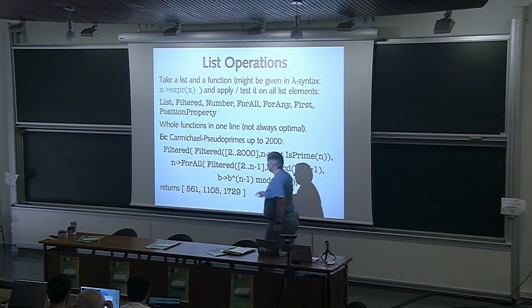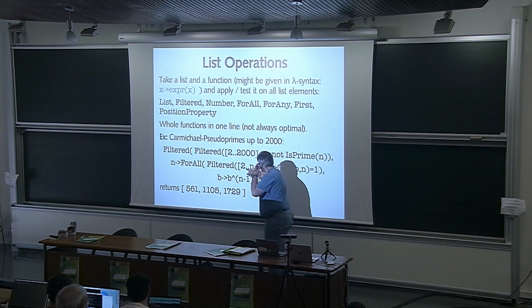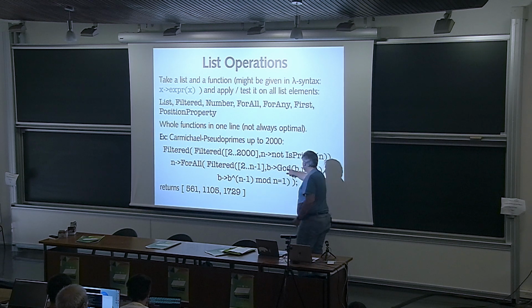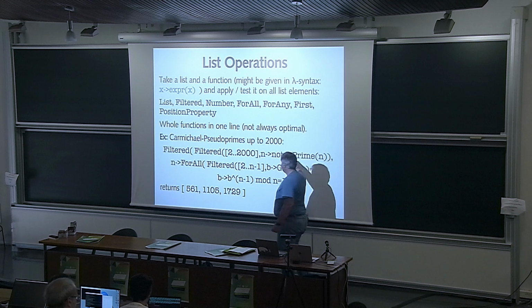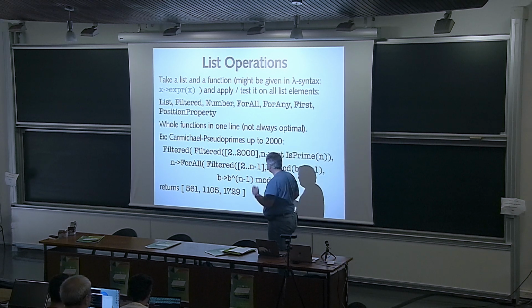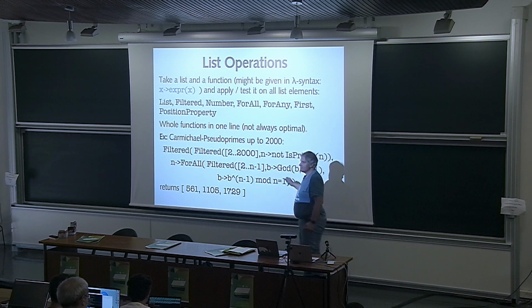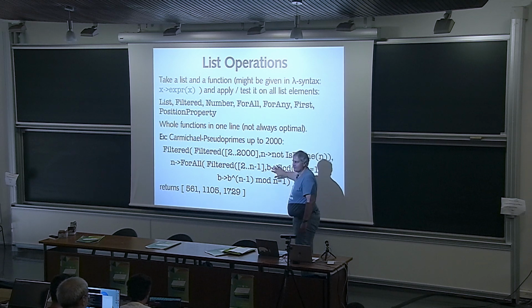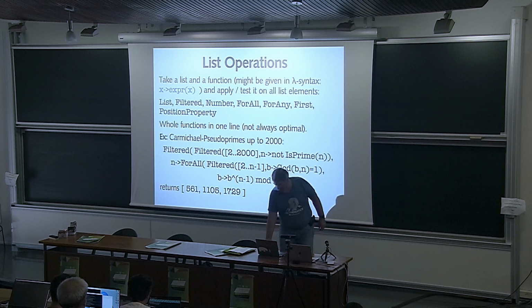And now I want, for each of these numbers n, that for all numbers b from 2 up to n minus 1 which have GCD 1 with this number, b to the n minus 1 modulo n is congruent to 1. That's the pseudo-prime property. And this is not the most efficient way of testing for it, but it's a very short way in terms of typing, and that would give me these numbers.